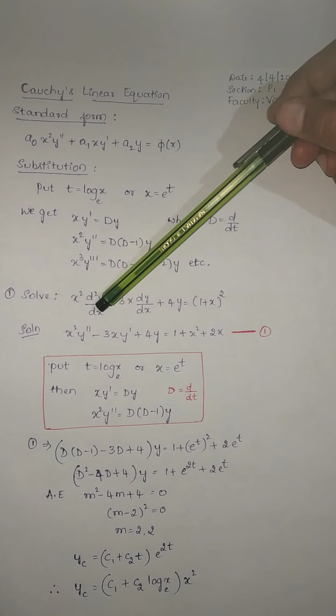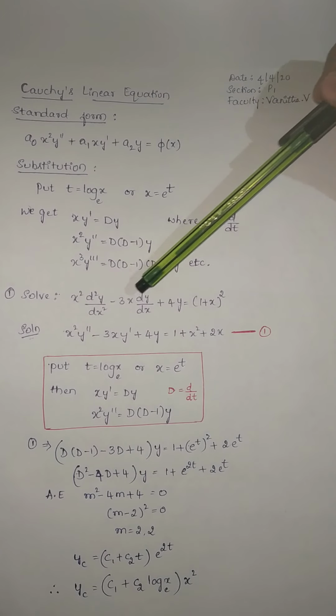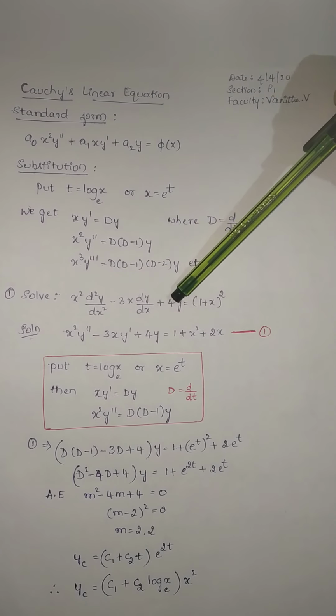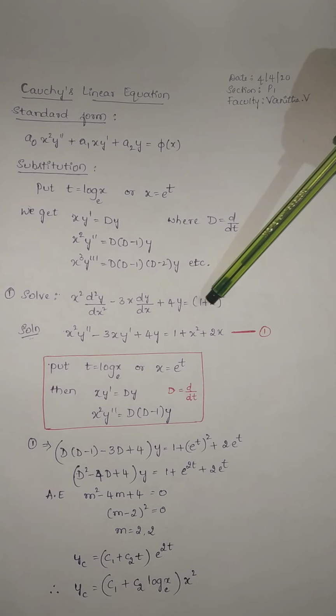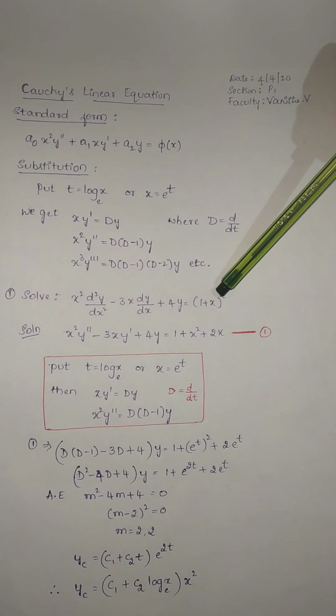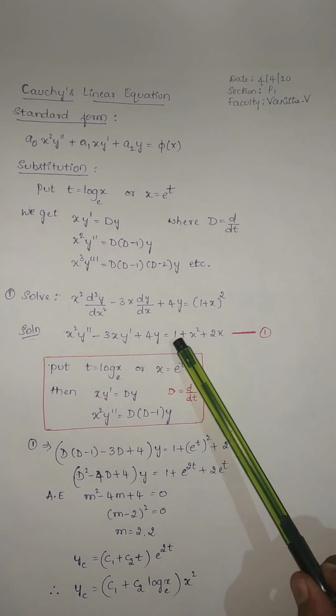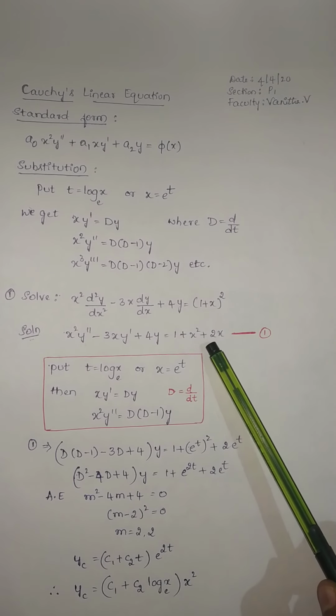Now we'll solve one problem on that. x² y'' − 3 x y' + 4y = (1 + x)². In the RHS you apply (a + b)² and write it as 1 + x² + 2x.